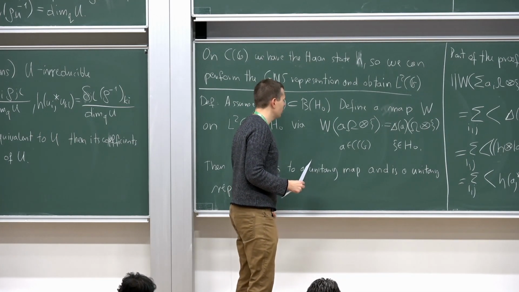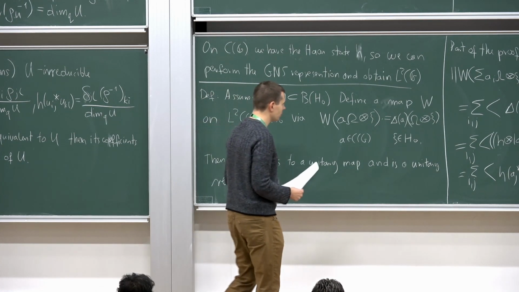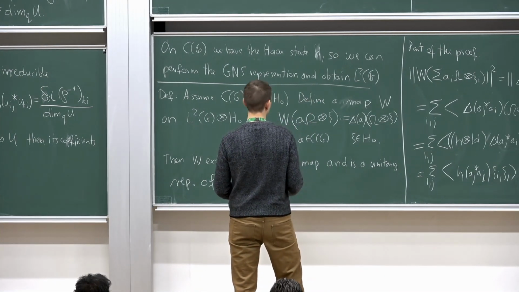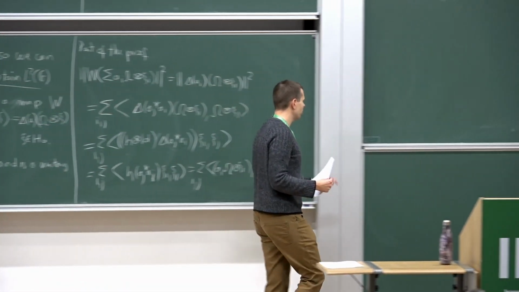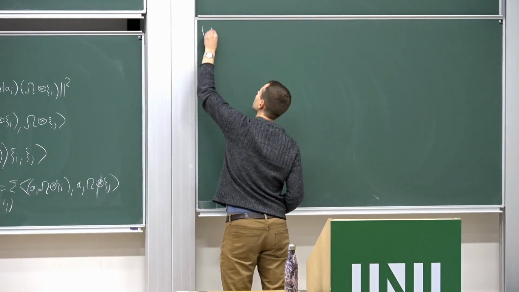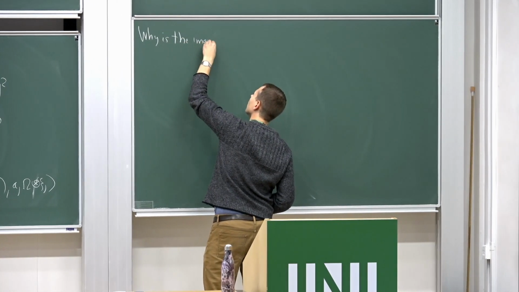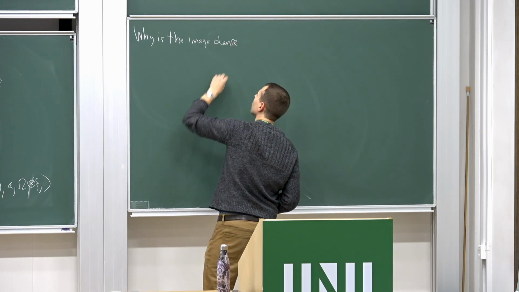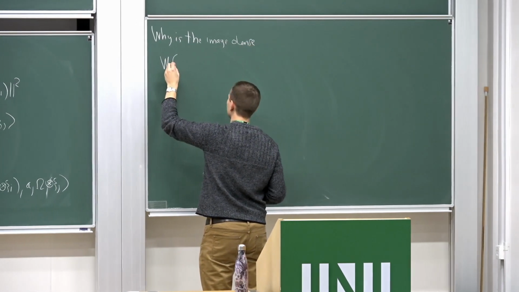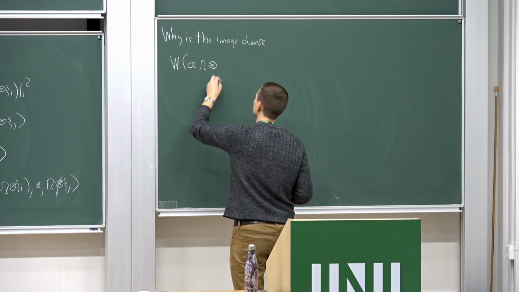And then to show unitarity, you need to know that the image is dense. So why is the image dense? Well, we have W on A omega tensor B psi.